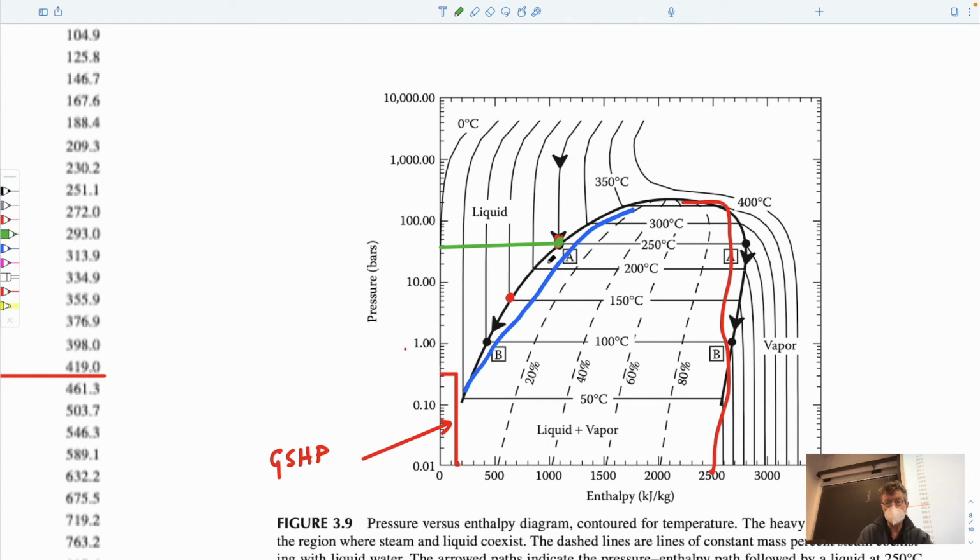So at 40 bars and 250 centigrade, this is a 250 centigrade component, then if you bring the water up to the surface, then the pressure goes from being 40 bars to being 1 bar.